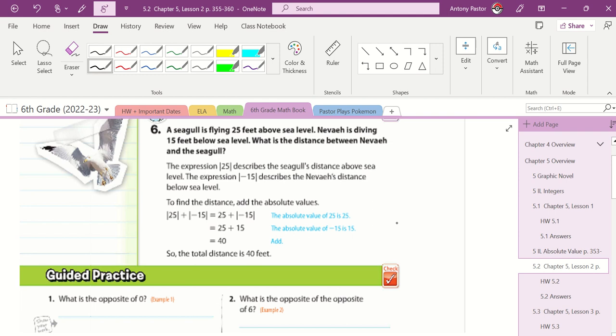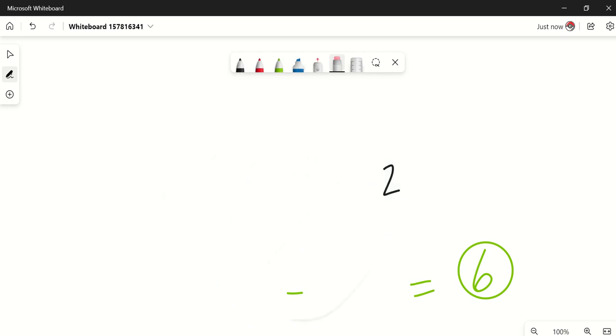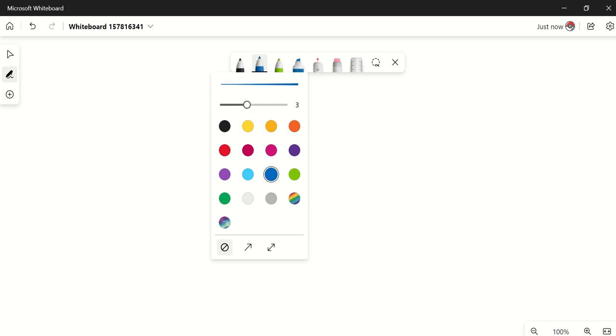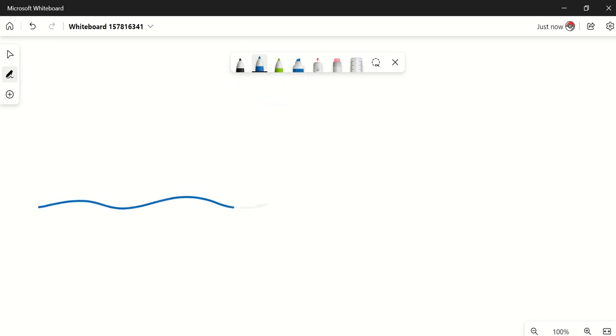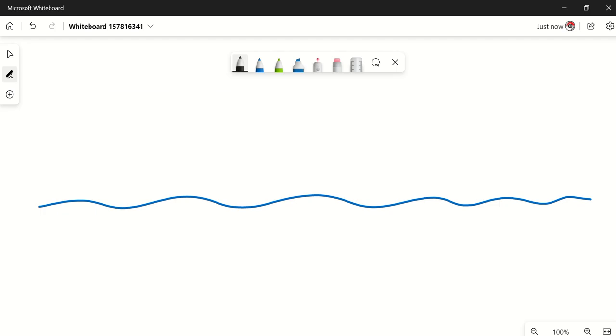So, I'm going to go ahead and draw a little bit of a diagram here. Sea level refers to the top of the waves. Nevaeh is diving. She is going 15 feet below sea level. So if this was a number line or a y-axis, here's our line.